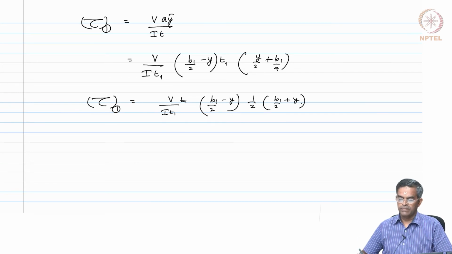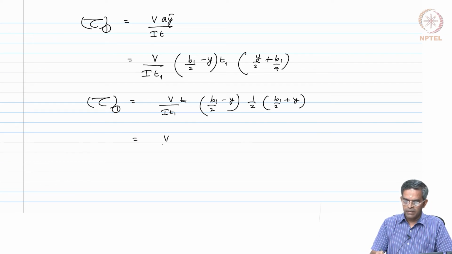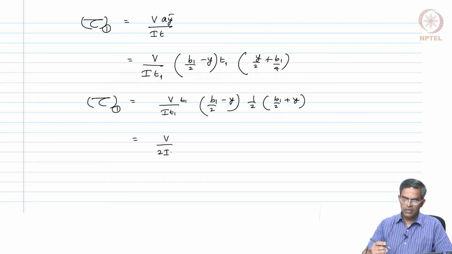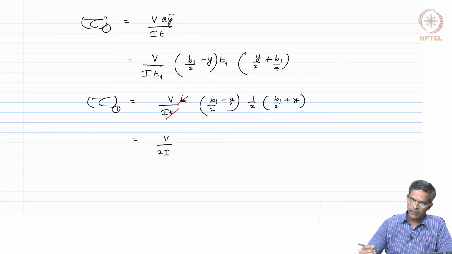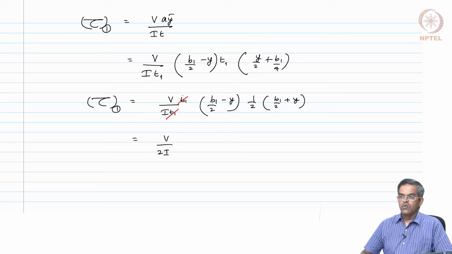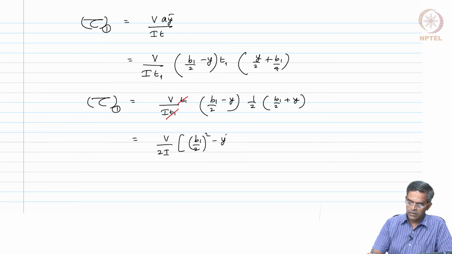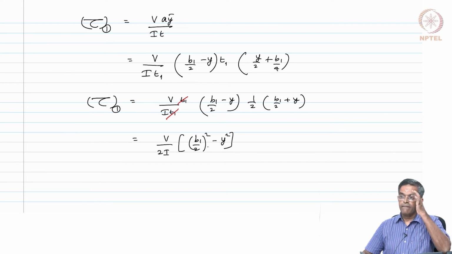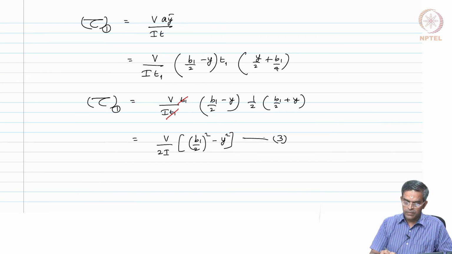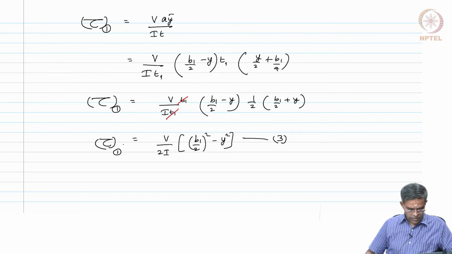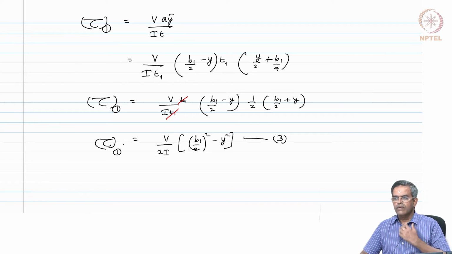Because I get a product here, A minus B and A plus B. So, which can be V by 2I, as T1 goes away, of B1 by 2 the whole square minus y square, A square minus B square. Equation 3. This is my tau of the first member. Okay.